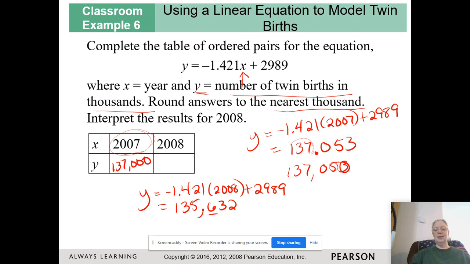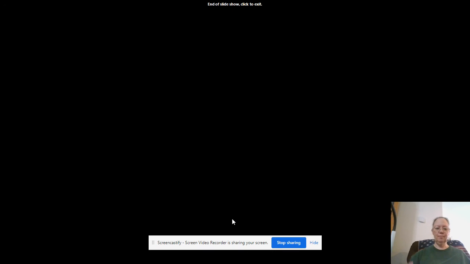That means I'm going to round this up to 136. And interpret what that means. So in 2008, there were approximately 136,000 twin births. There you go. It doesn't say where. Maybe that's worldwide. Not sure.